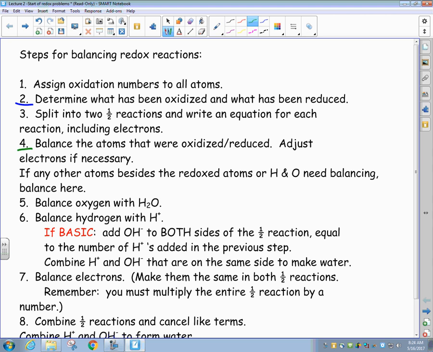It says balance the atoms that were oxidized and reduced. Adjust electrons if necessary. If any other atoms besides the redox atoms need balancing, balance here. We need to balance the number of oxygens with water. So if we don't have the same number of oxygens on either side, we can add oxygen by adding water.